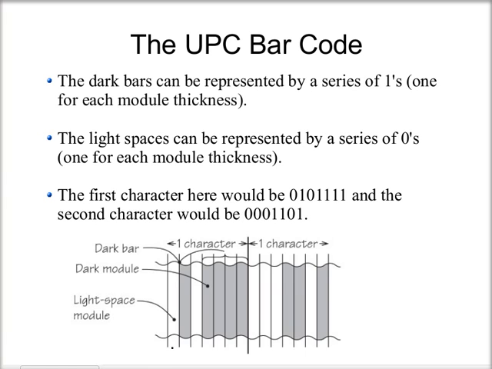So my binary code here would be 0, 1, 0, 1, 1, 1, 1. So that tells me I've got a 1 module light space, a 1 module dark bar, a 1 module light space, and then a 4 module dark bar. And then for my second character, I'm going to have 3 zeros, 2 1s, 1 0, and 1 1.